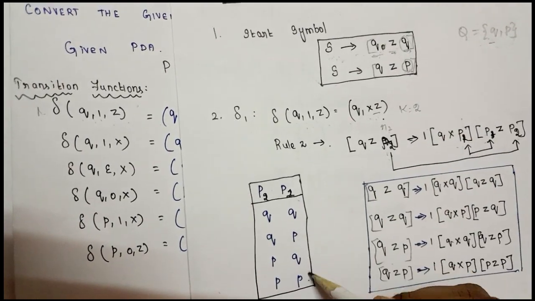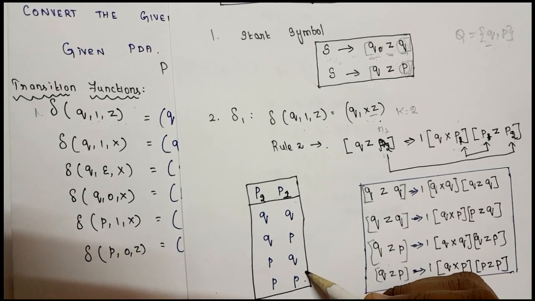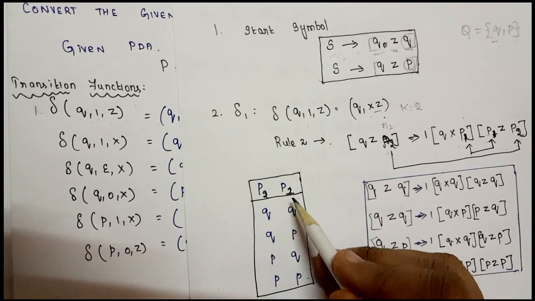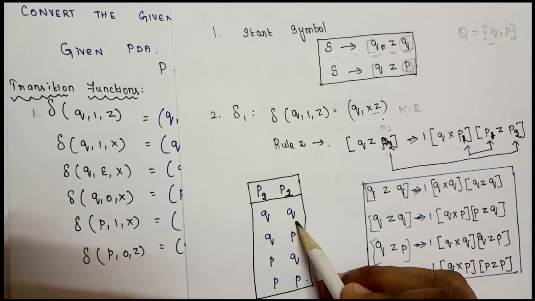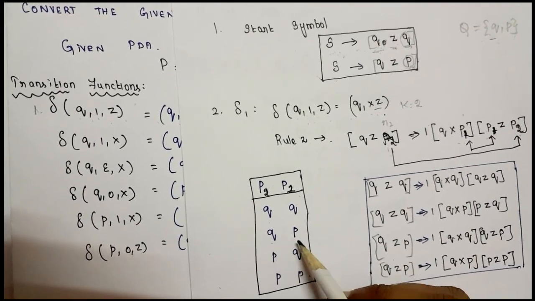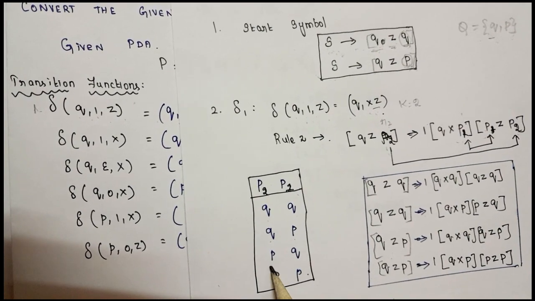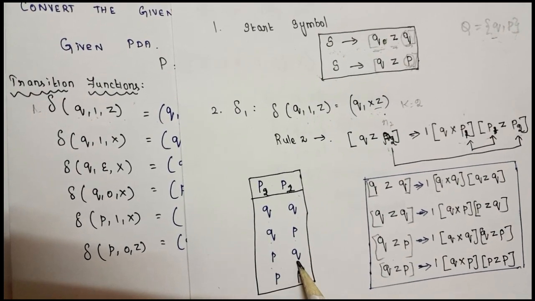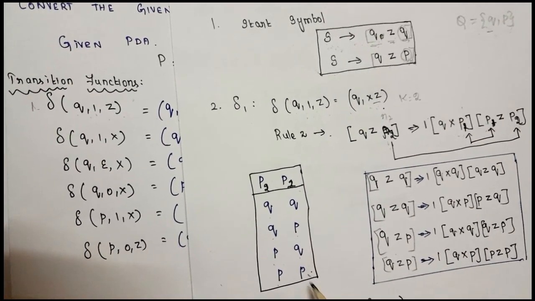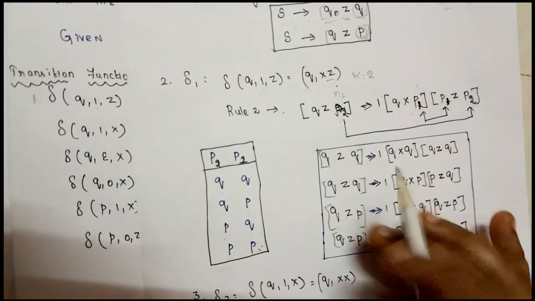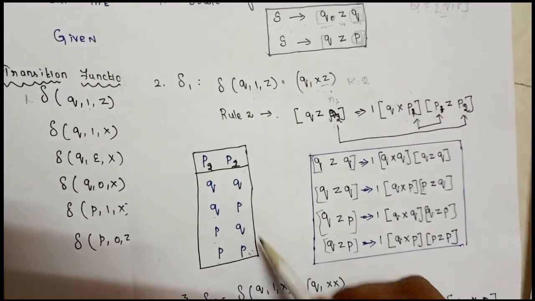So we have to see the combinations of these two states with respect to P2 and P1. Both can be Q, or P2 is Q and P1 is P, or P2 is P and P1 is Q, and both are P. Right? So let's substitute P2 and P1 with these combinations.